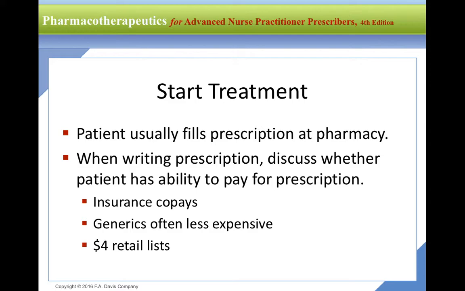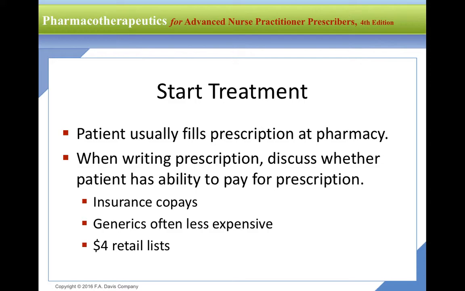So when you start treatment, the patient usually fills a prescription at the pharmacy. That's self-explanatory. When you're writing a prescription, you want to discuss whether the patient has the ability to pay for the prescription. A lot of things play a role in this. One, insurance copays.